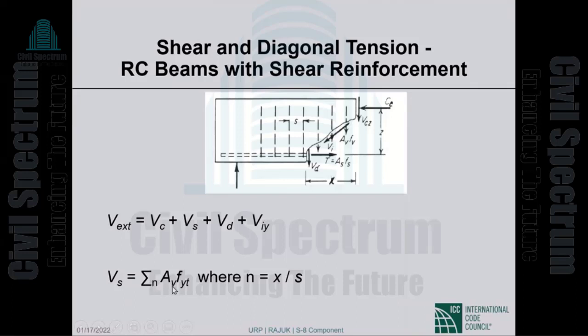We sum over however many stirrups are crossed by that crack. So we take the tension in each stirrup, A sub B F sub YT, and multiply by the number of stirrups crossed by the diagonal crack. That number we take equal to X, the horizontal extent of the diagonal crack, divided by the spacing of the stirrups, X over S.